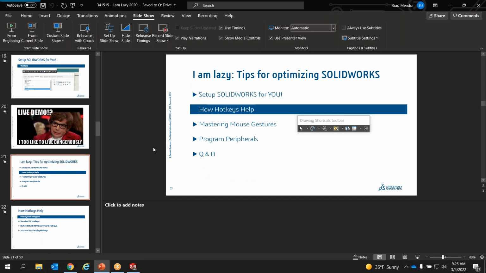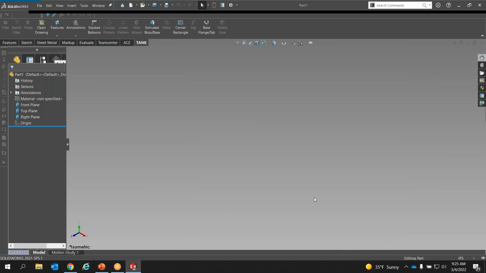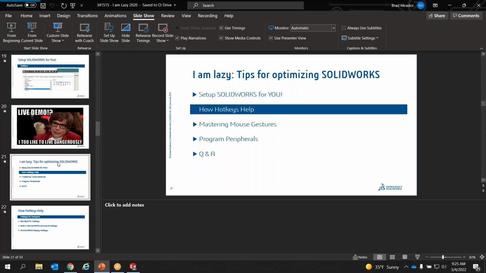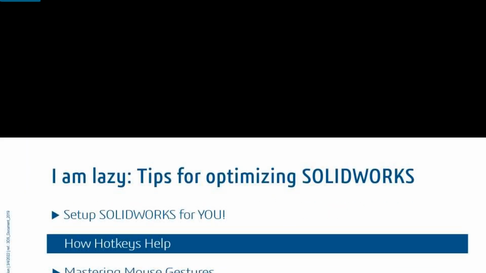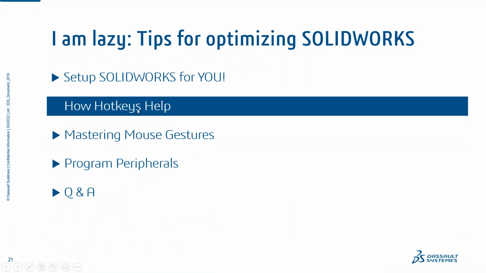All right, we will cancel that, and we will keep going. All right, hotkeys. Now that we've got the command manager and the toolbar set up, now we can go into hotkeys.